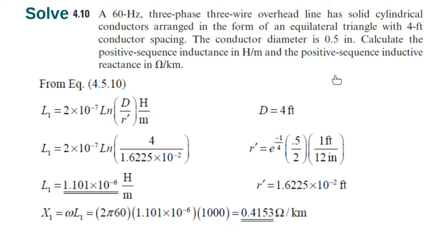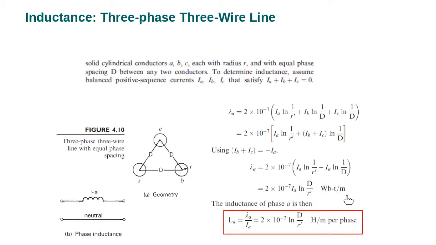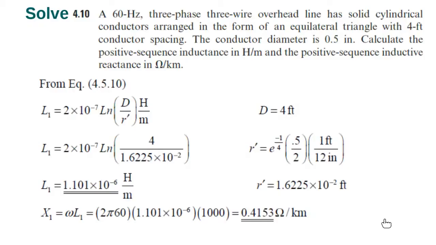L is given in your textbook as Henry per meter. You see, they are calculating per meter. This equation here is Henry per meter. But most of the times in the textbook, the radius is given in inch and the spacing of the conductor is given in feet.